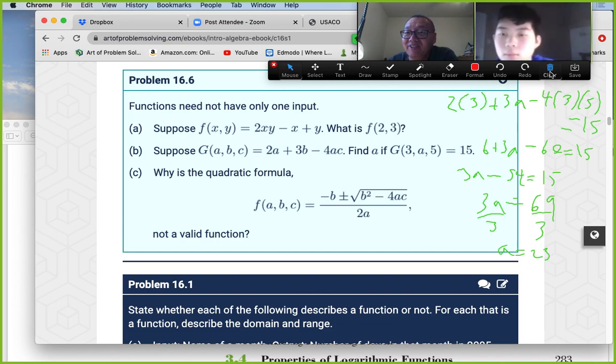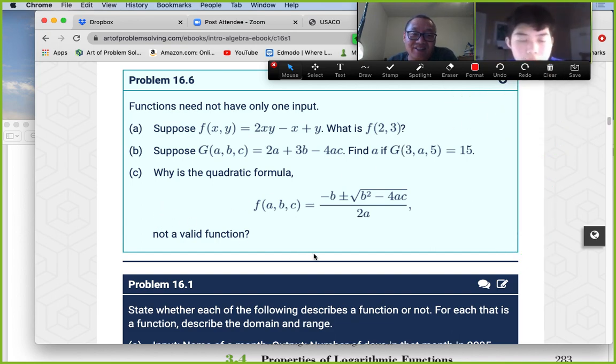Very good. Now let's see C. Why is the quadratic formula f of a, b, and c equals negative b plus or minus square root of b squared minus 4ac over 2a not a valid function?